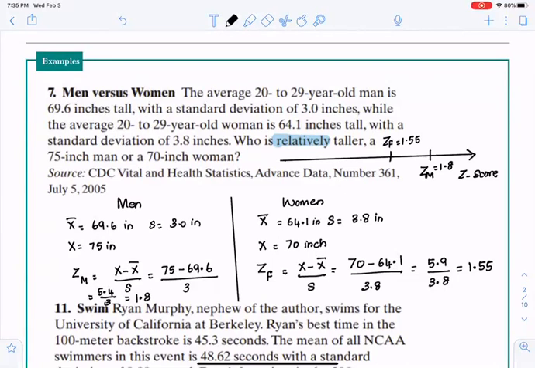That is the purpose of a z-score, and that's why we call z-scores measures of position.